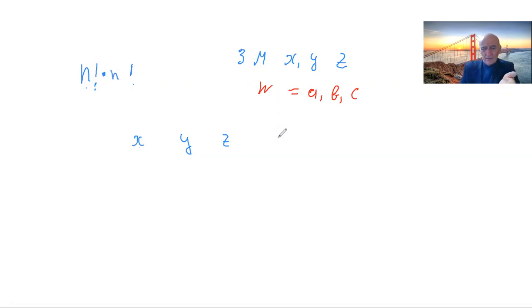So this is one of the possible combinations here, A, B, C. So for X, Y, Z, there are 3 factorial permutations. It's obvious, definitely. Also for A, B, C, there are 3 factorial combinations. And so by using the product rule, there is 3 factorial times 3 factorial.